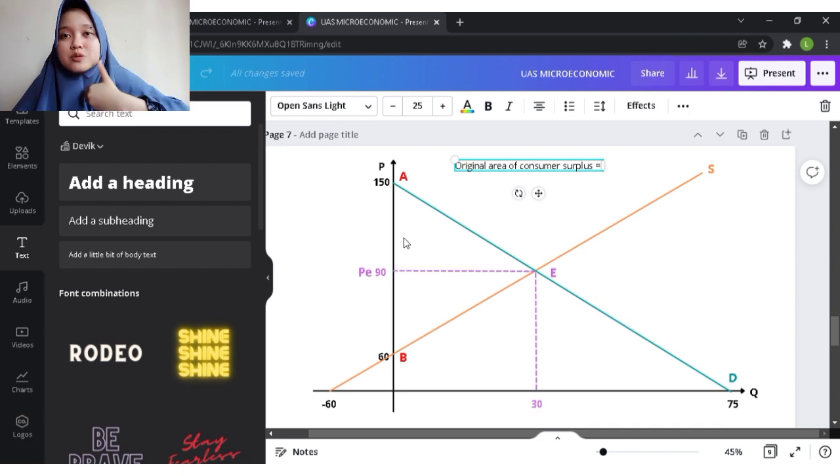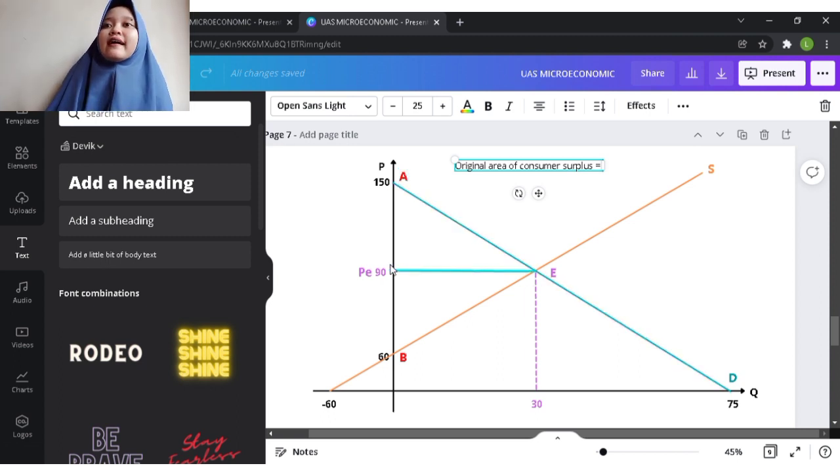So I experience consumer surplus because I can pay 100, but the price in the market is 90. That is an example of consumer surplus. Basically, the area of consumer surplus is above the line of price and below the line of demand.